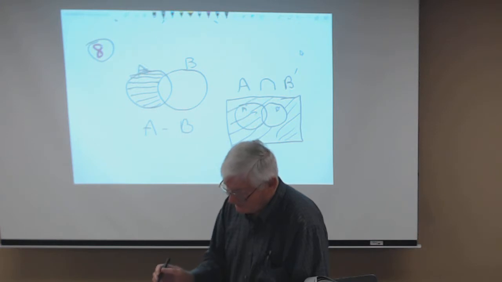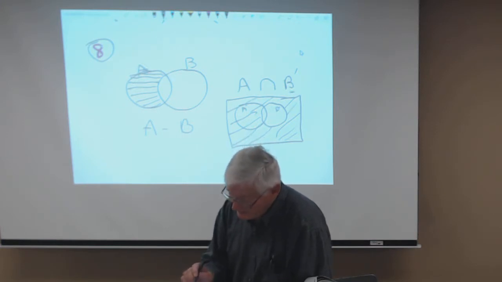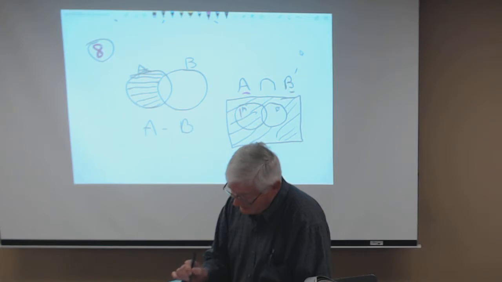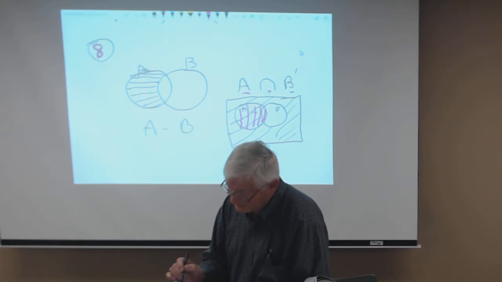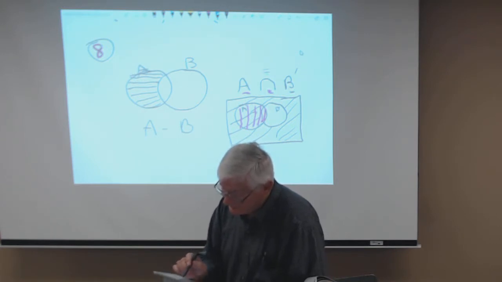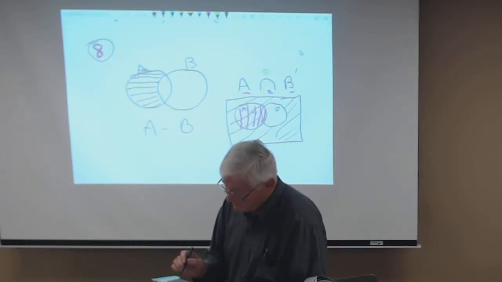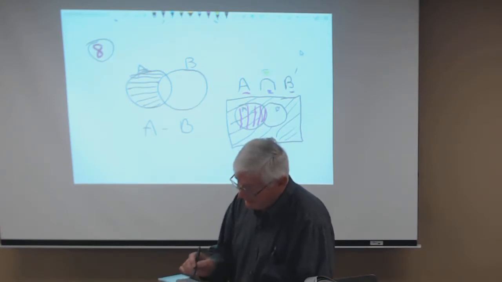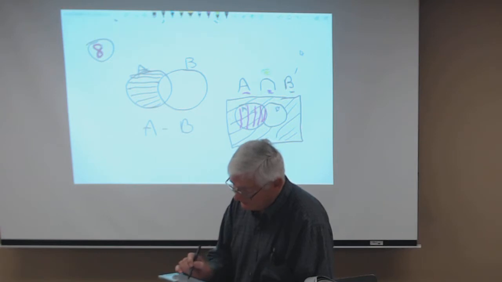That's this, the complement of B. And A would be everything in A. Now, where do these intersect? Let's make that green. Okay? Where do those intersect? Where the black lines and the red lines overlap. So there it is right there.